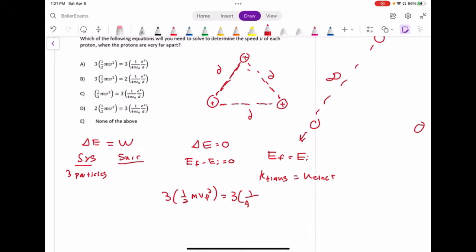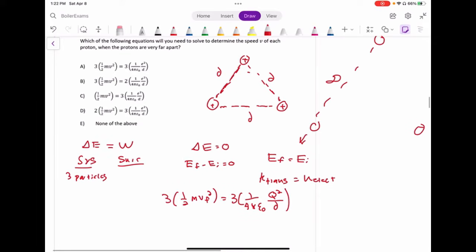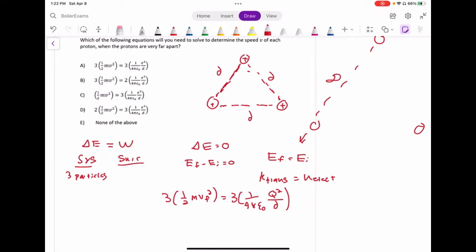The equation for U electric is this coefficient, 1 over 4 pi epsilon naught, times charge squared over d. And that should be our equation. And then they called the charge e. So that corresponds to A, it looks like, which is true.